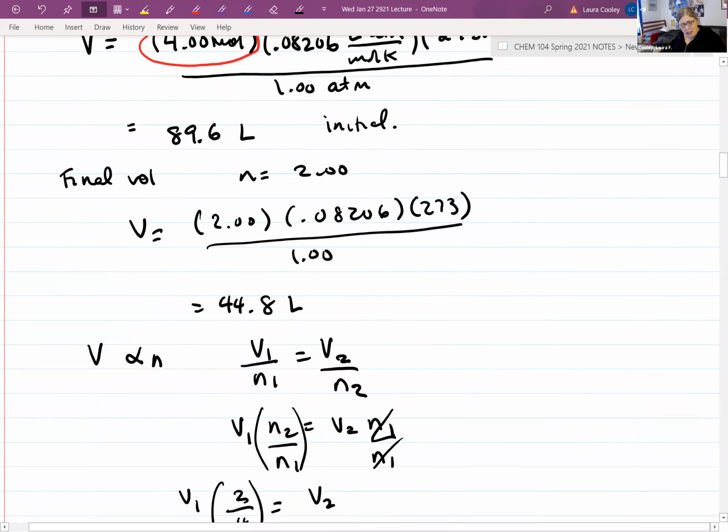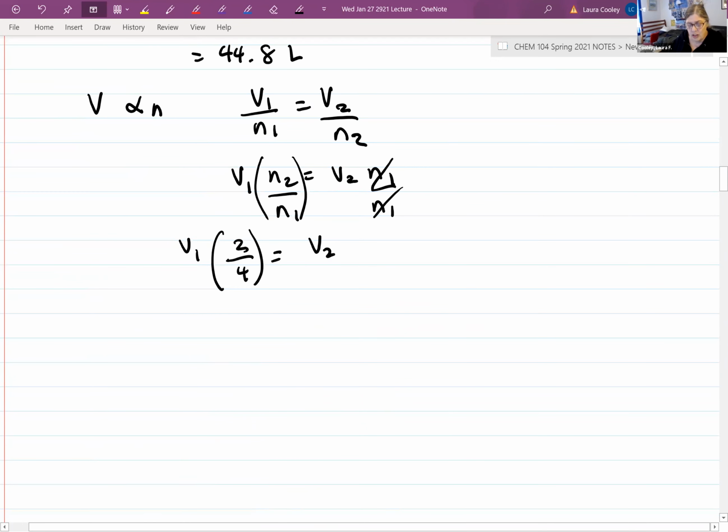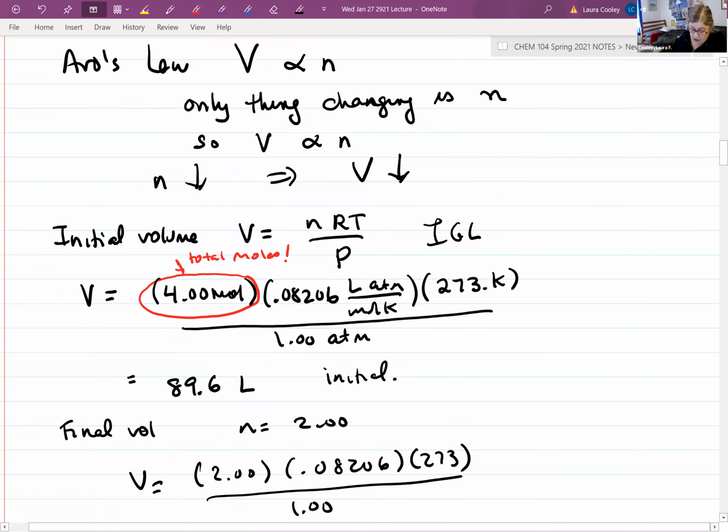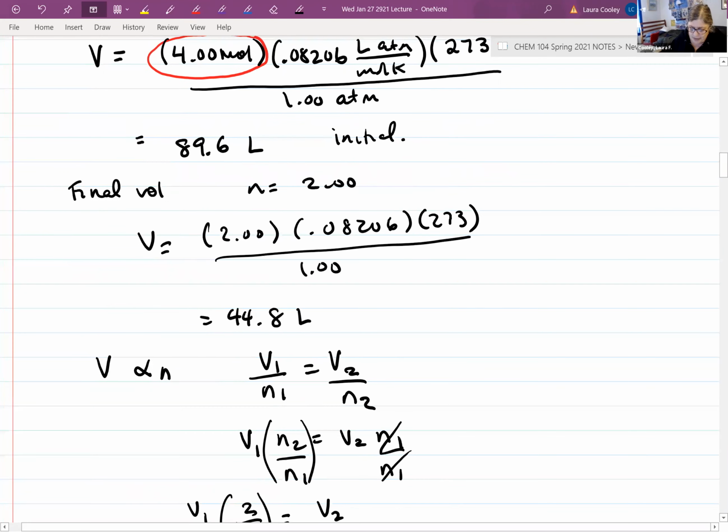But we've never really talked about what we do when we have gas mixtures. So this was, initially anyway, hydrogen and nitrogen. You had 3 moles of one, right? This 4 is 1 plus 3, the total number of moles. So that really is an assumption.